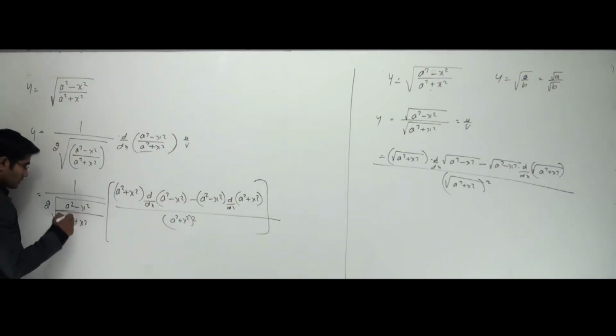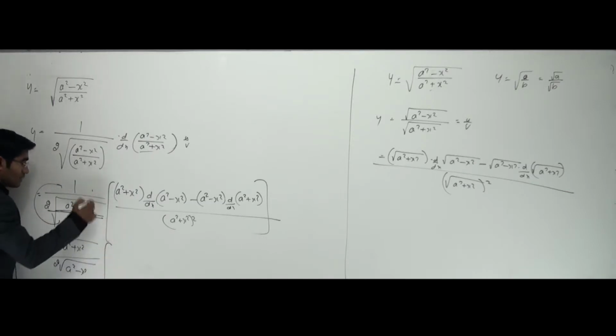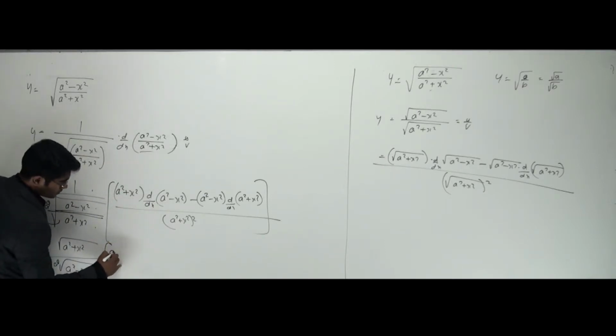I can also put this thing up like that, so it goes like root of a squared minus x squared, the whole thing, into, this one goes up, 2 root of a squared minus x squared. So I made these three lines into two lines, nothing much. Here I have a squared plus x squared, and I'm differentiating this.